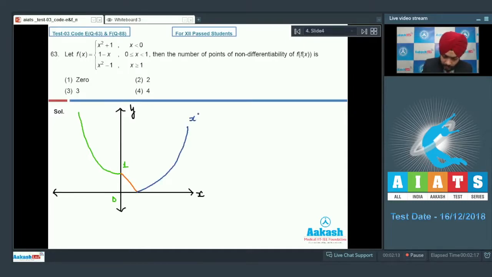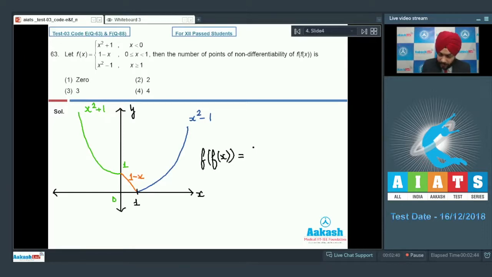This is x square minus 1, this is x square plus 1, and the line is 1 minus x. Let us mention all the points. This point is 1.